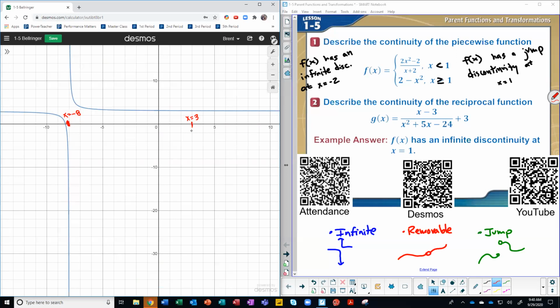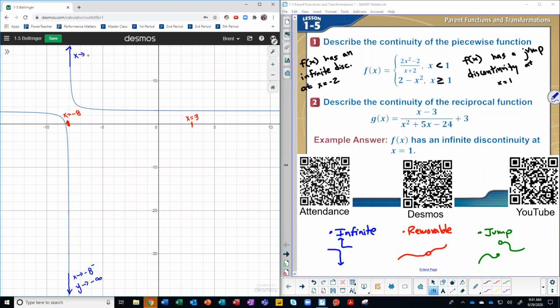So let's determine what's happening. I'll go a little bit faster this time. What type of break is occurring at -8? Is it infinite, removable, or a jump? Infinite, I agree, because on the left side, we're going down to -infinity as the x approaches -8. So this is the left side, so I put a minus after the -8. The y's go down to -infinity. And on the right side, here's the right side.